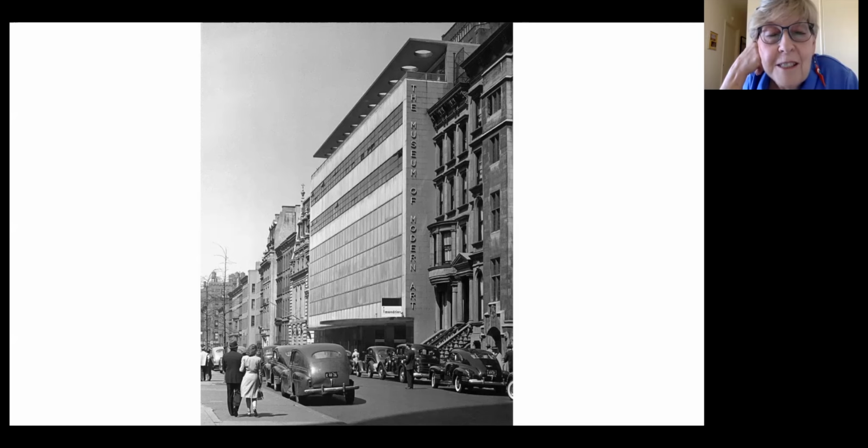Its environment looks a lot different now, doesn't it? But at that time, you can see how much the Modern stood out. This sleek, impersonal, geometric facade, all meant to look like machines. That was the ethos of European modernism.